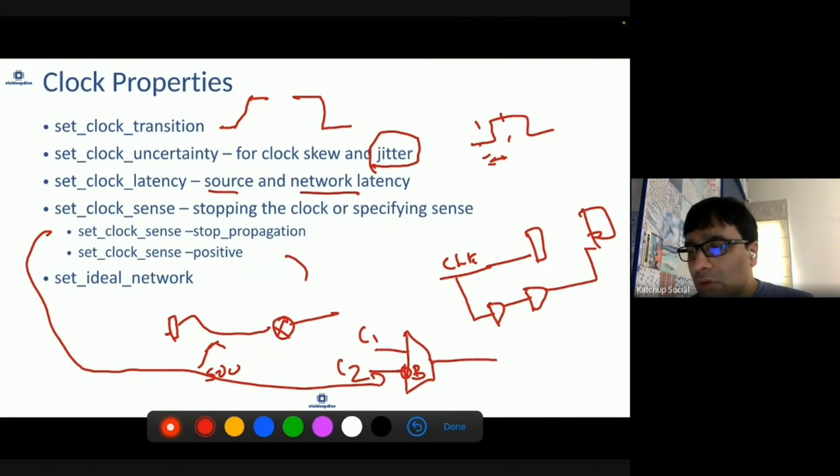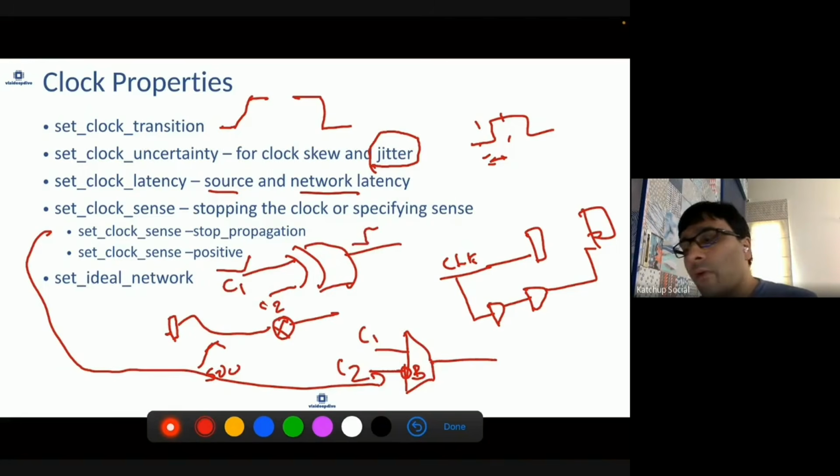Or let's say you have an XOR gate and a clock is coming as an input. Now at the output, whether the clock is going to rise when C1 is rising or fall when C1 is rising, the tool cannot automatically figure it out because it's a non-unate cell, as we had seen earlier.